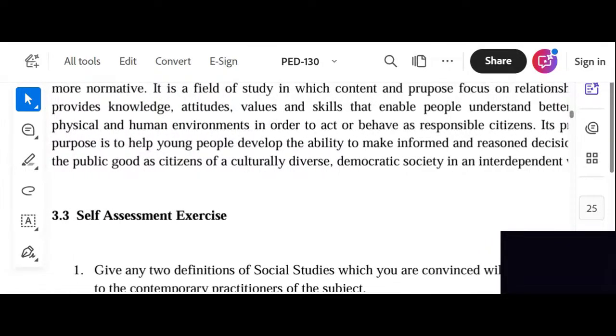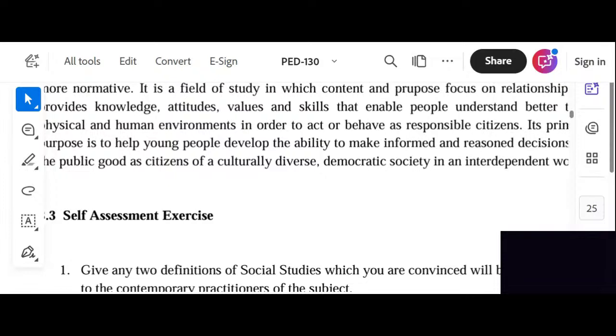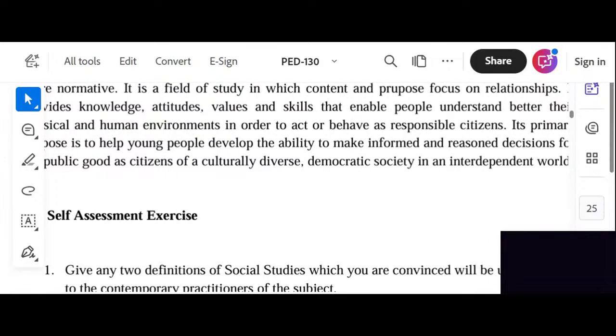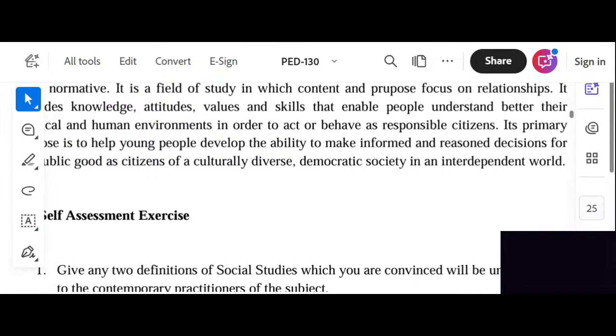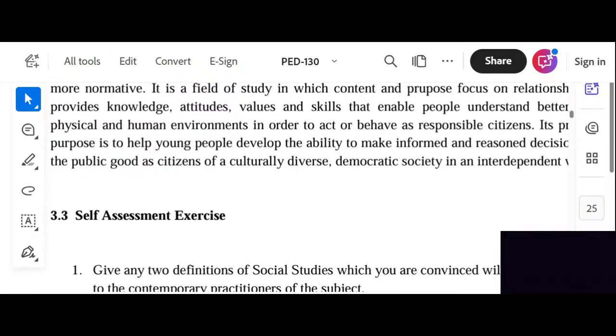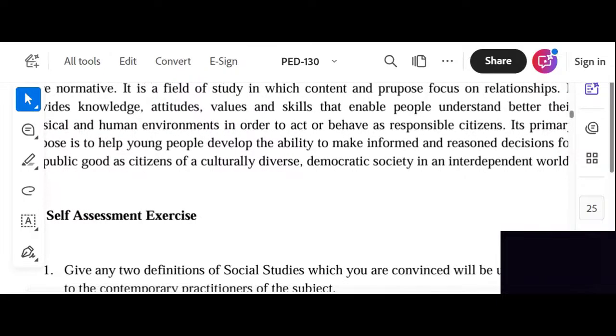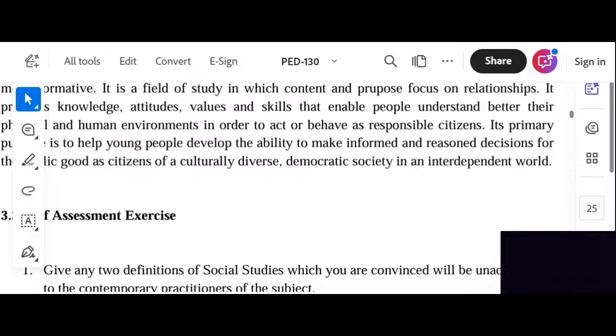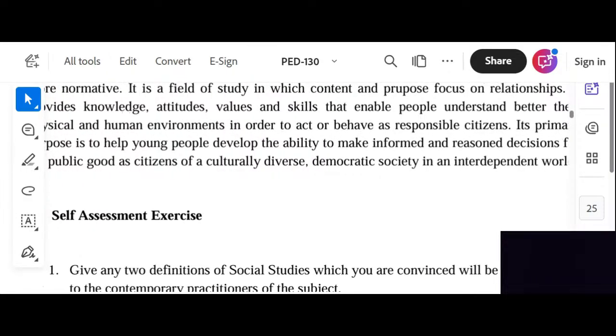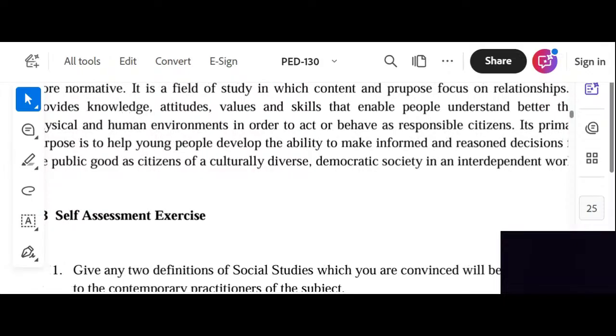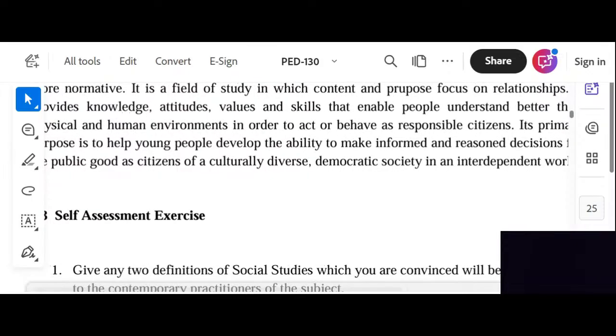Its primary purpose is to help young people develop the ability to make informed and reasoned decisions for the public good as citizens of a culturally diverse democratic society in an interdependent world. That last part is just referring to the American definition of social studies.